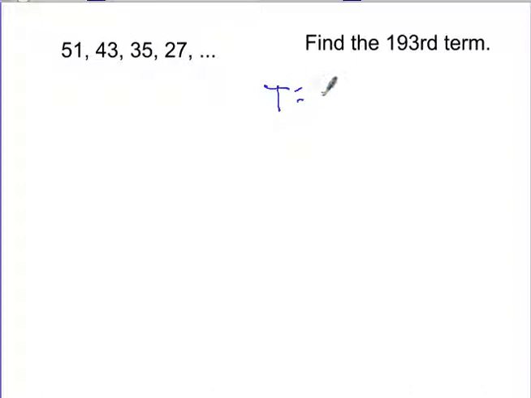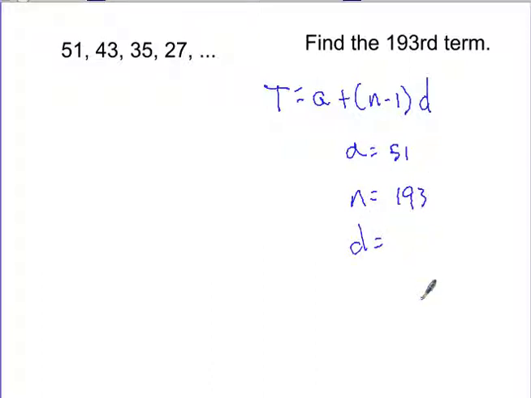T equals A plus n minus 1 times D. All right, A is 51, N is 193, and D, what do I do to get from 51 to 43? Subtract 8, so it's negative 8.